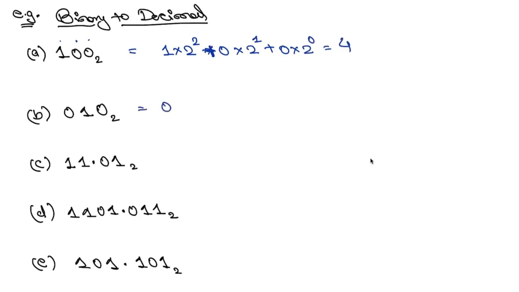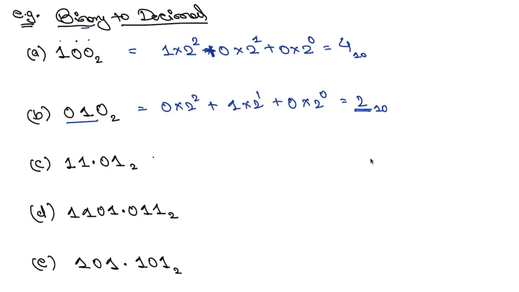Next, 0 into 2 to the power 2 plus 1 into 2 to the power 1 plus 0 into 2 to the power 0. कितना रहा ये? 2, right? Now understand, this notation represents 2 in decimal system.